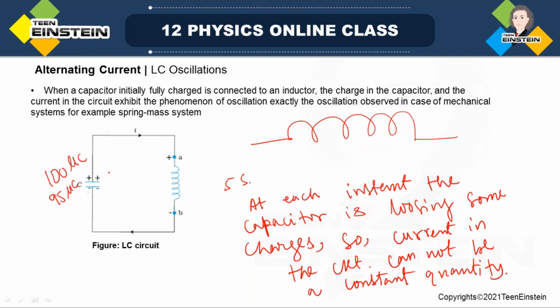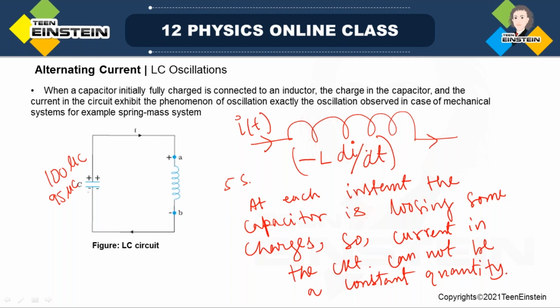So the current also changes with time, and as you know, when a time varying current is flowing through an inductor, what happens? There will be an induced EMF in the inductor, and that can be written as minus L di/dt, according to self inductance or self induction. This we have already learned in the previous chapter.